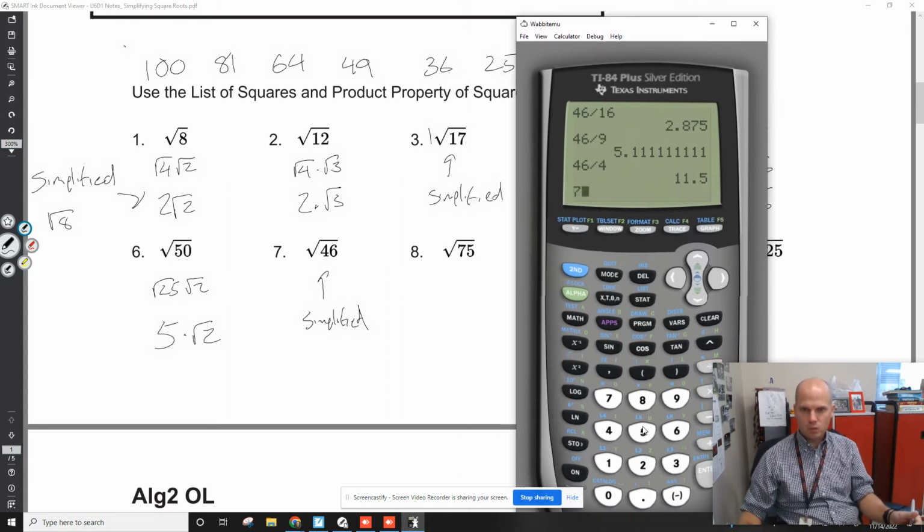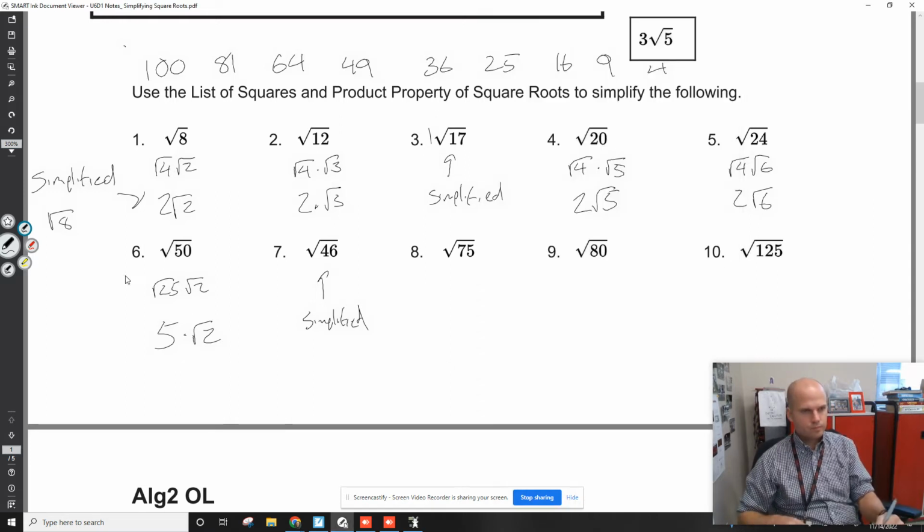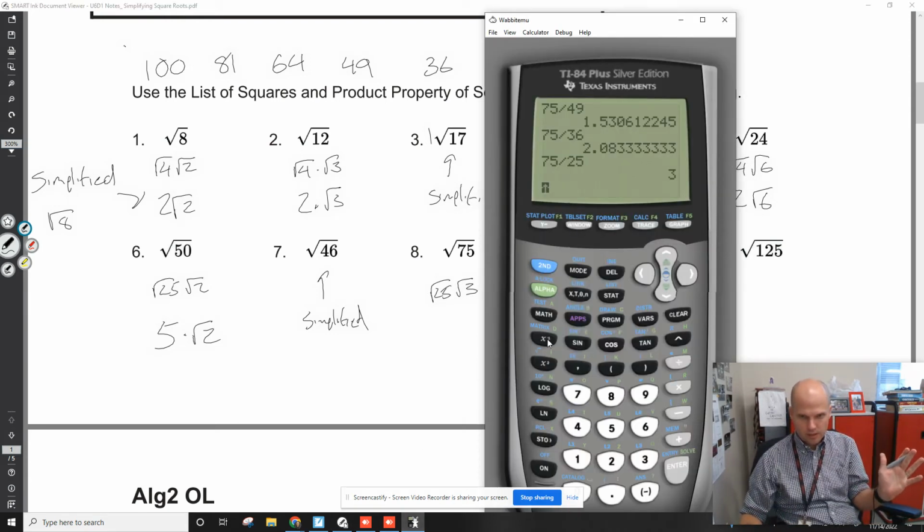Okay, let's look at root 75. Again, I'm guessing 25 works, but we should check, like check 49. Check 36, check 25, and poof. Root 25, root 3. Make sure that makes sense to you.